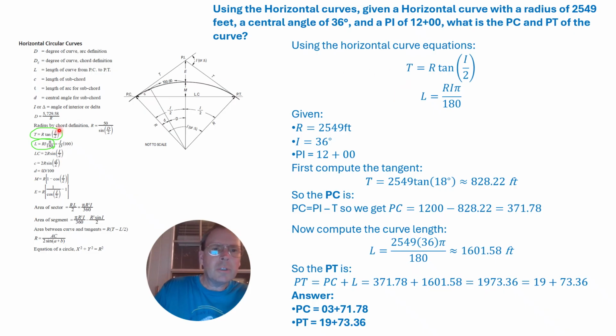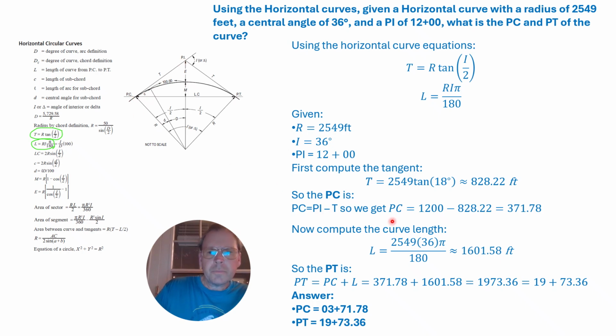So these two equations, pull them over here. Given the radius and angle of interior, so then the PI, we're going to compute the tangent with this formula here, and the PC right here is going to be the PI minus the tangent distance.